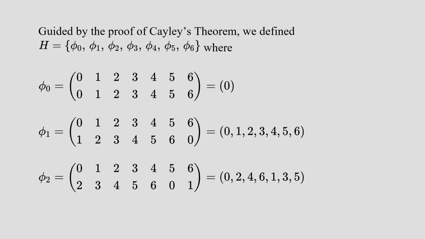For phi sub 1, we will get cycle notation (0 1 2 3 4 5 6), as 0 maps to 1, 1 maps to 2, 2 maps to 3, and so on. For phi sub 2, we will get cycle notation (0 2 4 6 1 3 5).